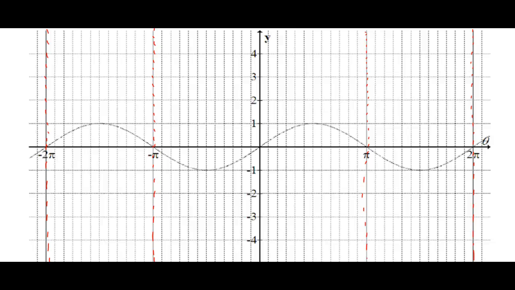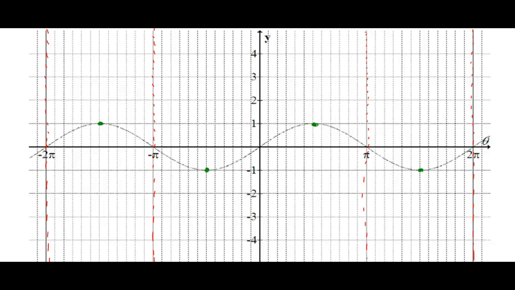So you go along the line y equals 1, and you go along the line y equals -1, and you mark those points as invariant. Okay, so zeros of the original function will be asymptotes of the reciprocal. The ones and negative ones of the original function will be the invariant points.